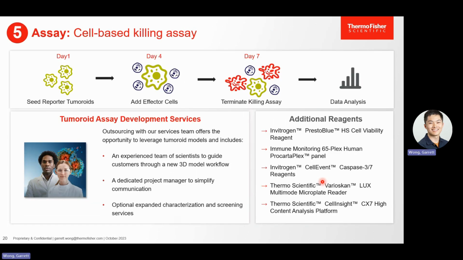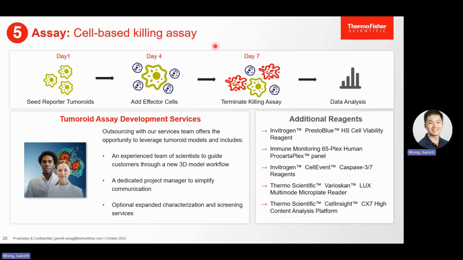Now that the reporter cell pool and the effector cells have been expanded, these cells are ready to be assayed. For the cell-based killing assay, tumoroids were seeded and allowed to aggregate first, and then 72 hours later, the tumoroids were stained for caspase 3/7, which was red in this case, and the NK cells or NK92 cells were added on top of the cells at differing effector to target ratios.